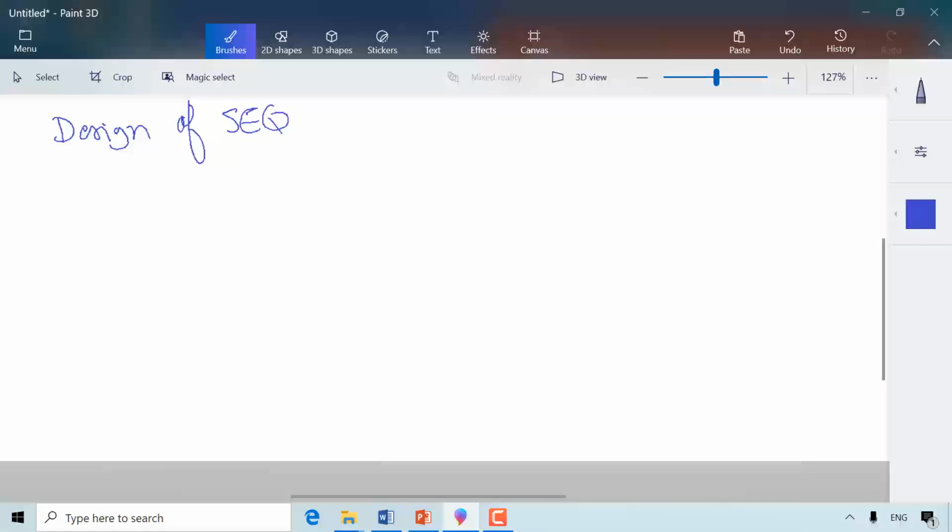Typically in the design of sequential circuits, we start with a description of what the circuit does. Typically it's either an English description or a state diagram.